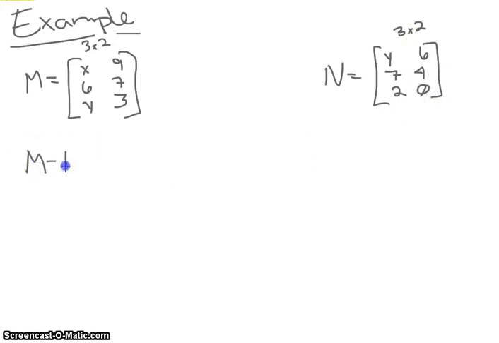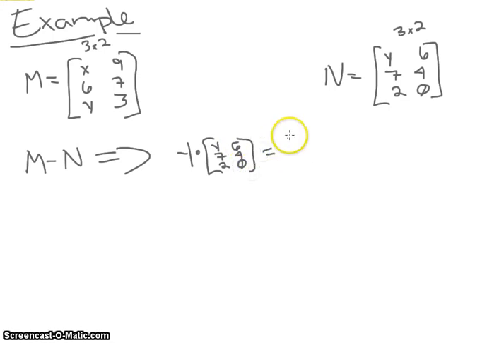So we need to subtract N from M, distribute the -1 throughout N, which will give us -Y, -7, -2, -6, -4, and then 0 doesn't really change.